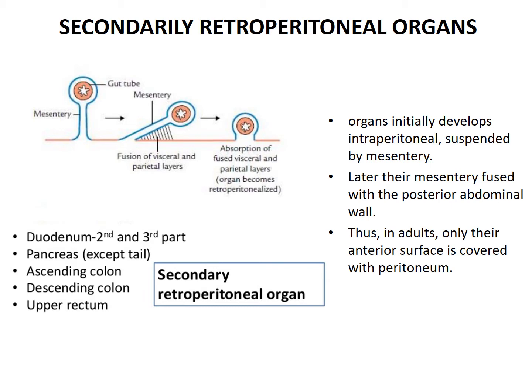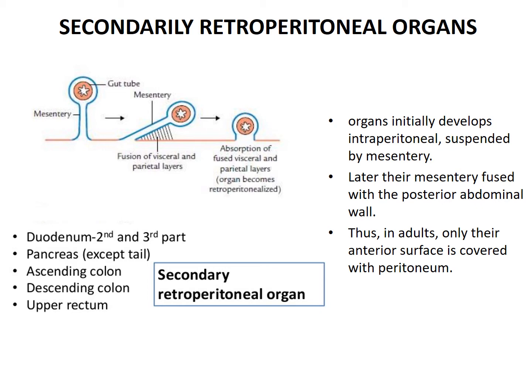Then another group is of secondary retroperitoneal organs. These organs generally develop in the beginning as intraperitoneal organs or viscera.